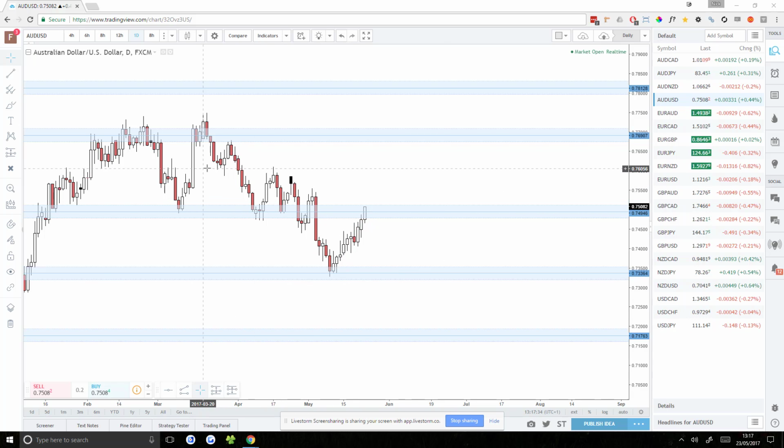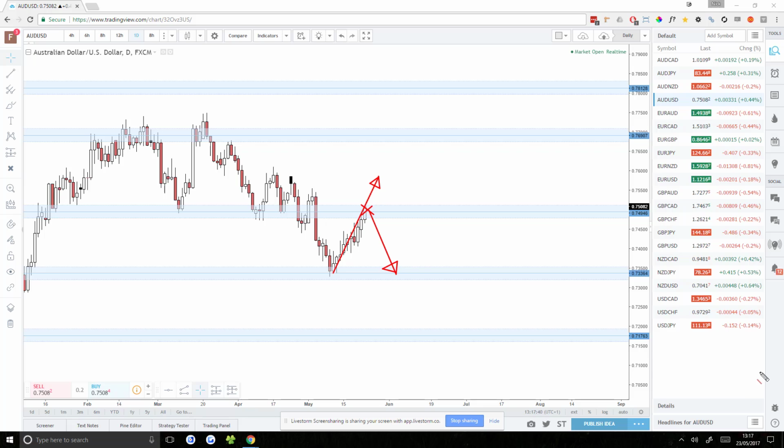Now, at the moment, we're clearly seeing buyers in control and it's very possible that this trend's going to continue up. So it's very possible that we're going to get something like this, right? I wouldn't be surprised. But I also wouldn't be surprised if price stalls here over the next 24, 48 hours and then continues down. So either scenario is possible.